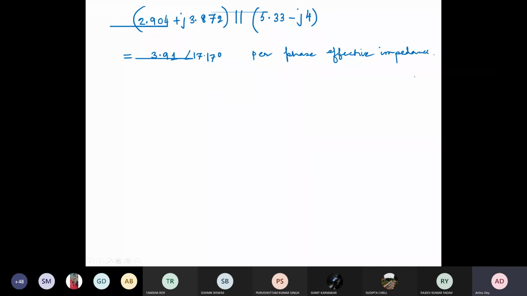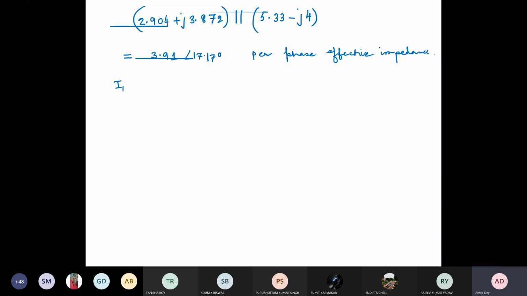Okay, so then if you know this is your per phase impedance, then you can find out the other thing, which is now the total volt ampere. So total volt ampere is root 3 VL IL. Now if you can find out I phase, then that will be same as IL.